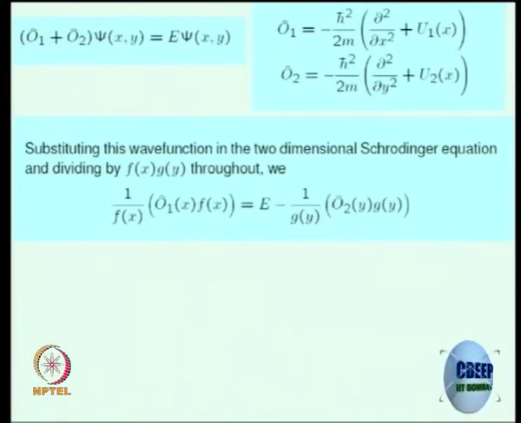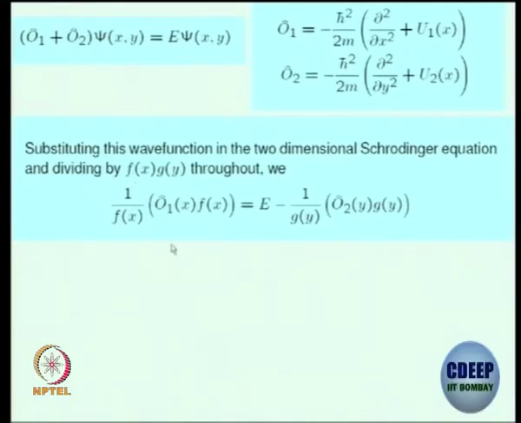This is a formal 2-dimensional Schrodinger equation, and this is how you can separate it if your potential energy is a sum of potential energies of different coordinates. Now you substitute into your 2-dimensional Schrodinger equation and divide by f of x g of y.